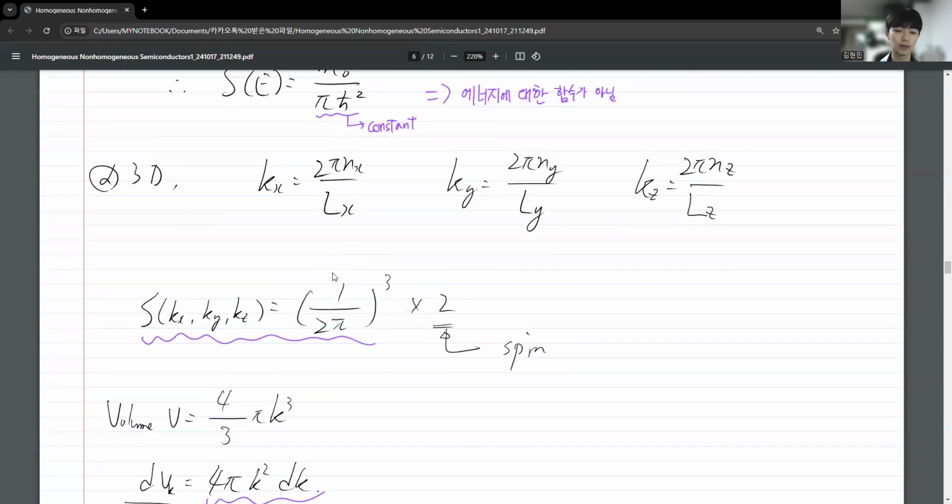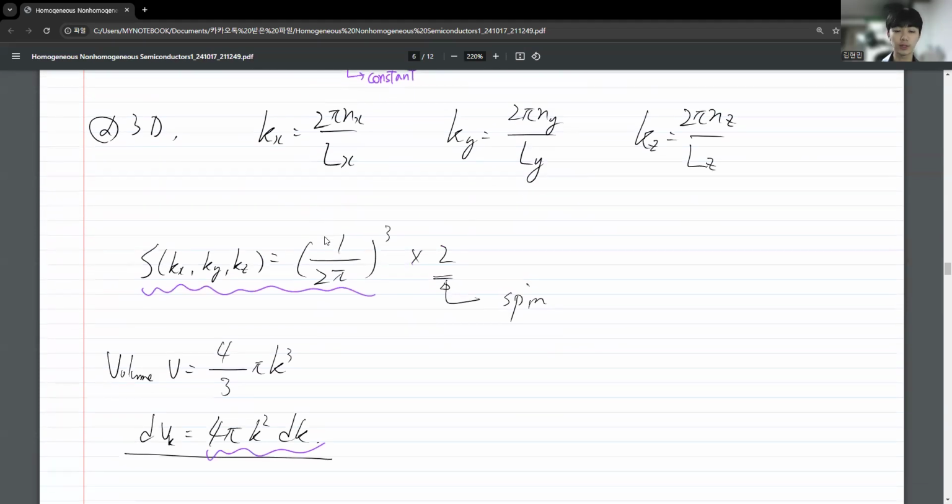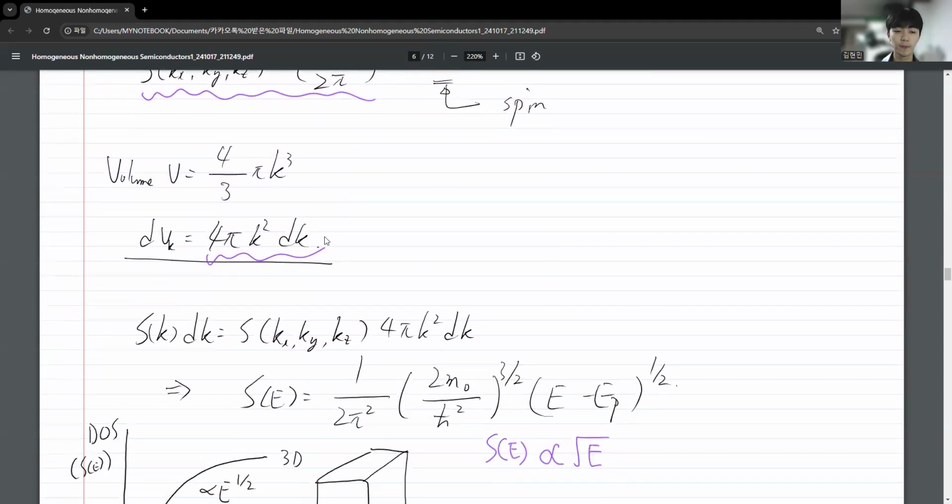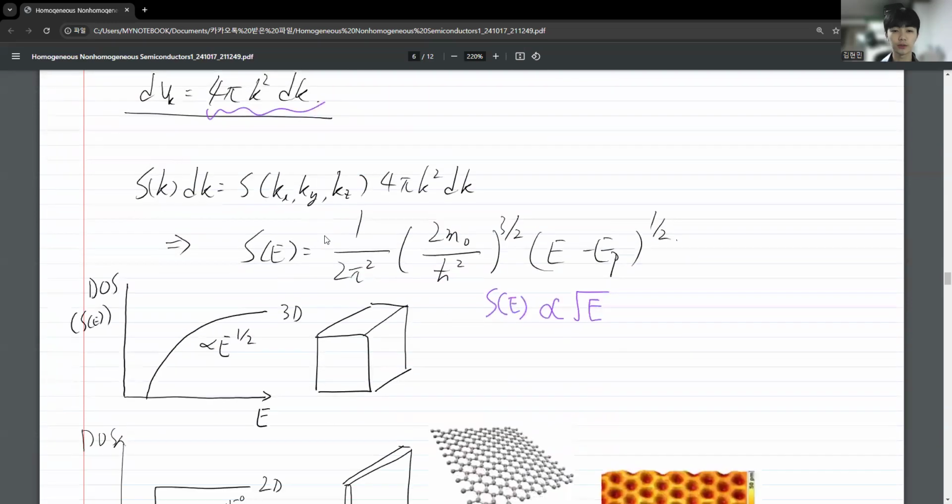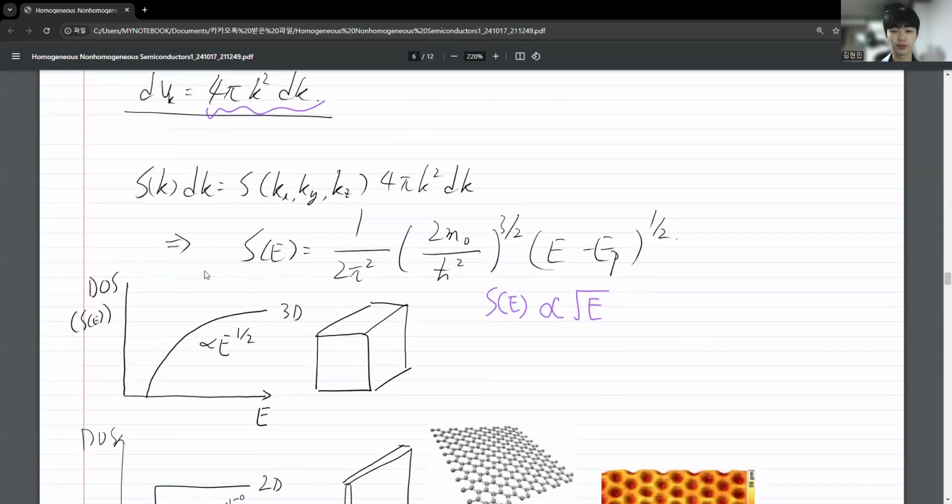In three dimensions, the density of states is this equation.